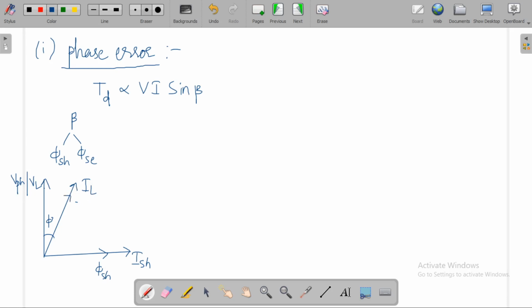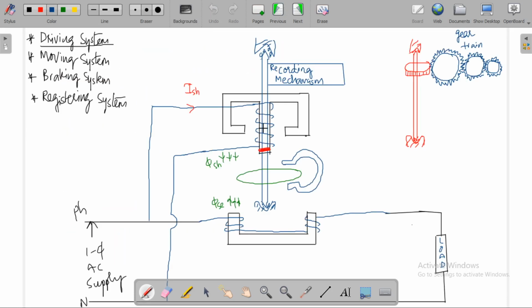Similarly, phi SC will be in phase with IL, because the current coil is connected in series with the load, so the current coil carries load current. It is proportional to the load current, so it will be in phase with IL.